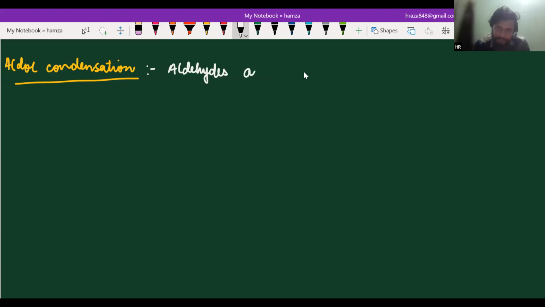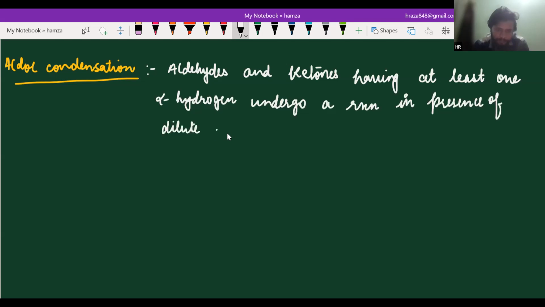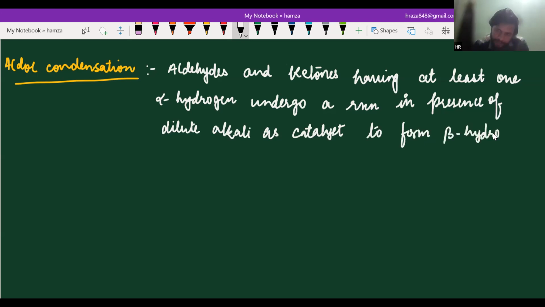Aldehydes and ketones having at least one alpha hydrogen undergo a reaction in presence of dilute alkali as catalyst to form beta hydroxy aldehydes.